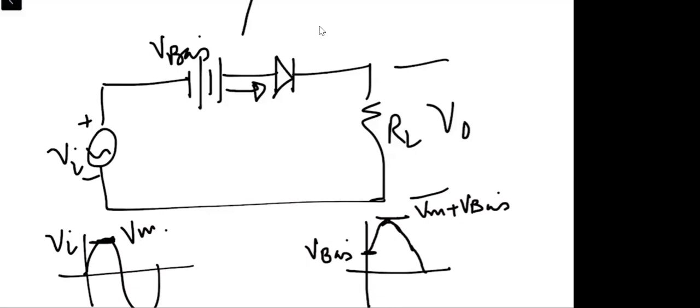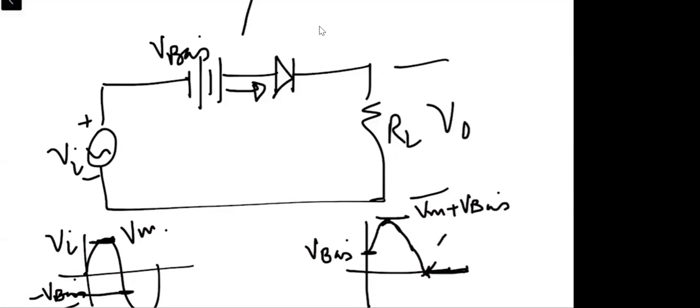But once the value of the input is equal to minus V bias, at this point the output will be equal to 0. Then we will have a flat output.